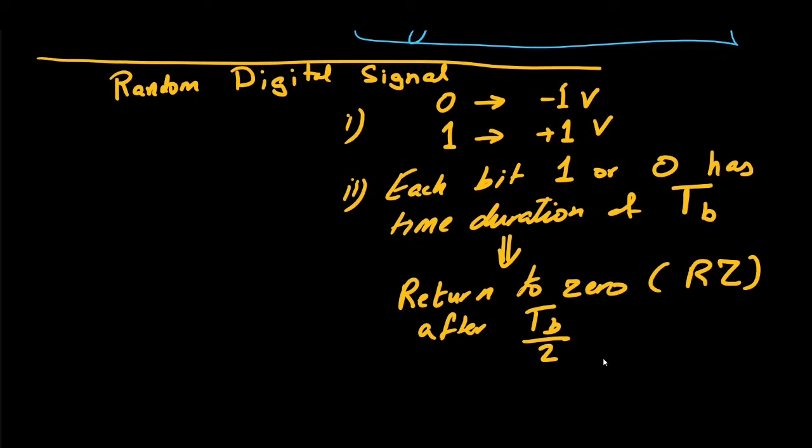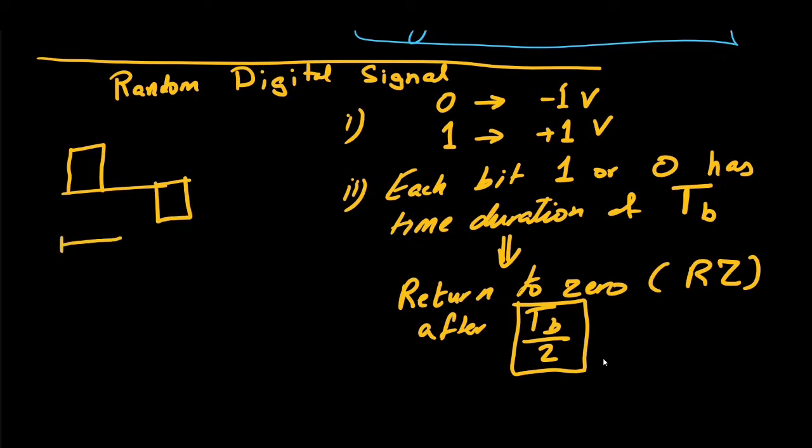So after half the bit duration, if we had a 1 it returns back to 0, and if we had a minus 1 it returns back to 0. So this is the duration of the total bit, and this is the active period. Say this was plus 1 and this is 0, this is simply TB by 2. This is what is meant by condition 2.